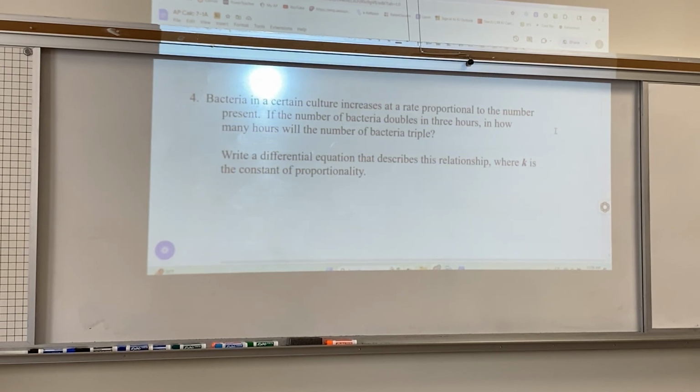Bacteria in a certain culture increases at a rate proportional to the number present at that particular point in time. If the number of bacteria doubles in 3 hours, in how many hours will the number of bacteria triple? Write a differential equation that describes this relationship, where k is the constant of proportionality. Why don't we just do that part, a differential equation?